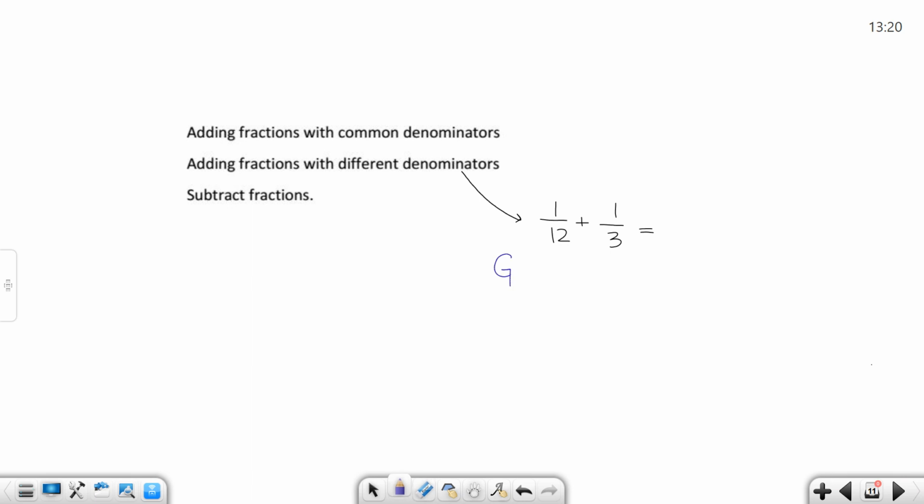So what you have to do first is get a common denominator. Okay, so we have to go back to what we did earlier. I know that 3 goes into 12, so my least common denominator is going to be 12. So this first fraction is 1/12.